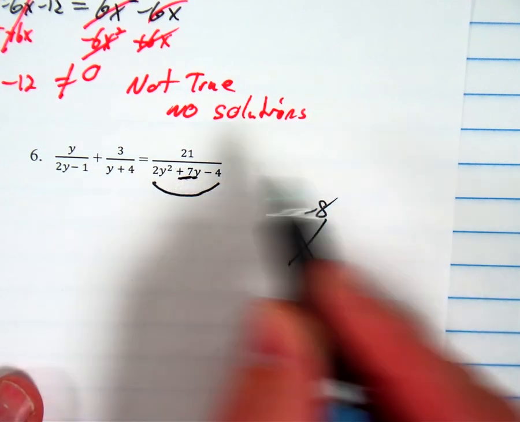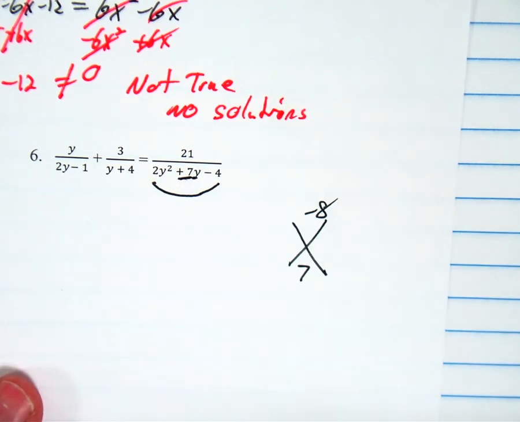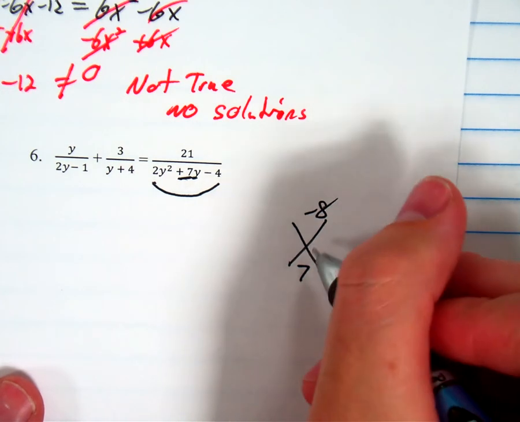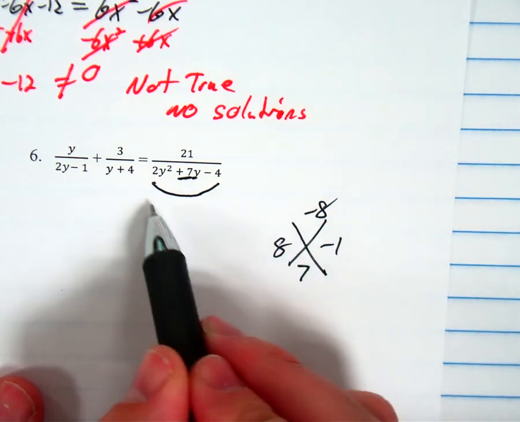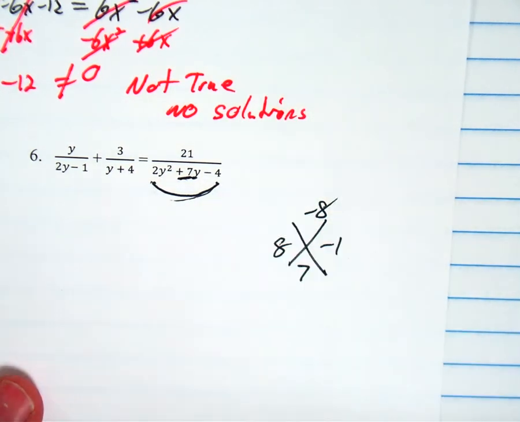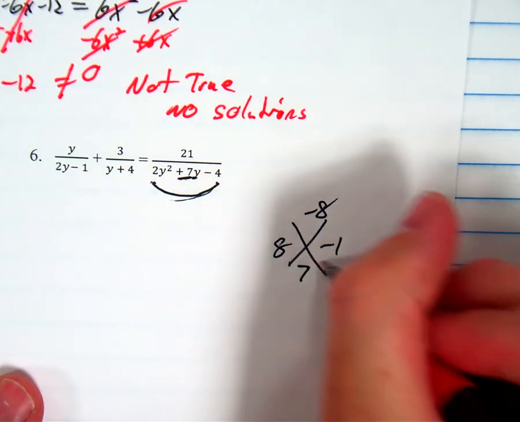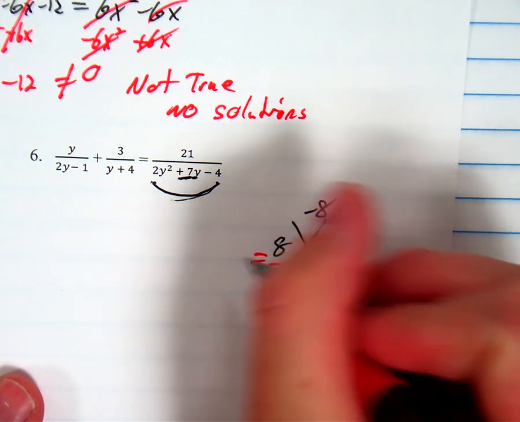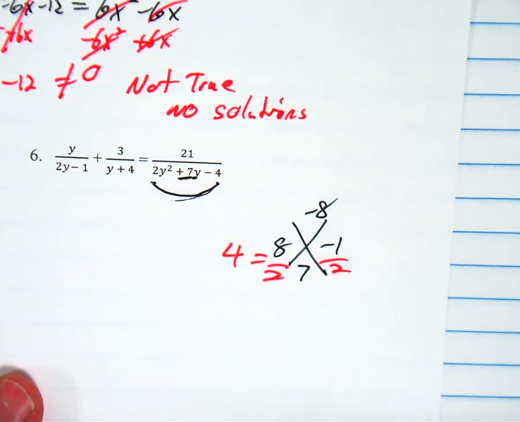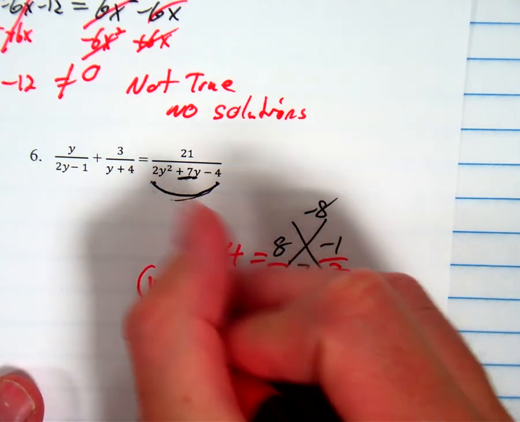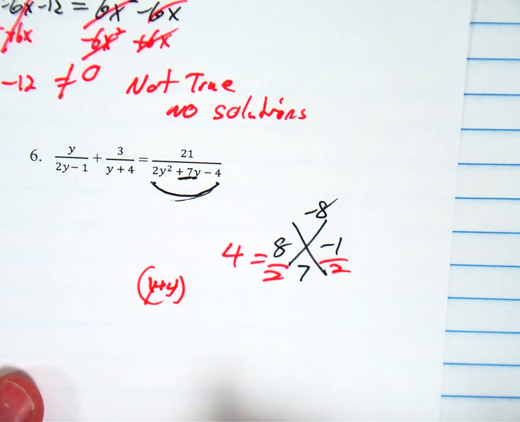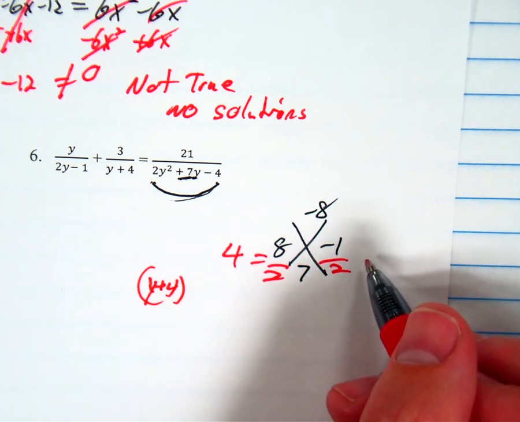And now what multiplies to negative 8, and it's still the middle number for add, what adds to 7. Okay, so 8 and negative 1, but because we did 2 times negative 4, now we have to divide by 2.